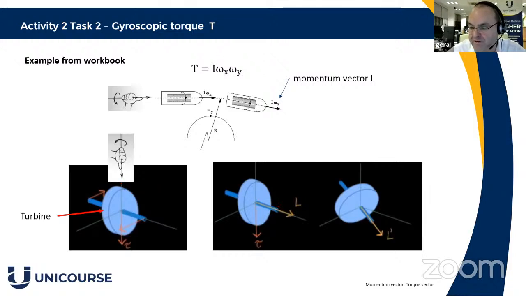So what will happen is that the momentum vector is going to be forced towards the torque vector. So the result is that the bow of the ship will go down and the stern will go up. And that's very similar to the example that's in the book.